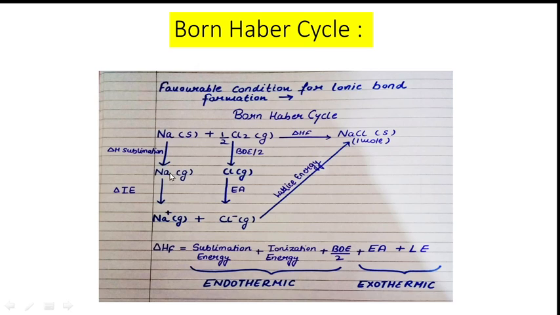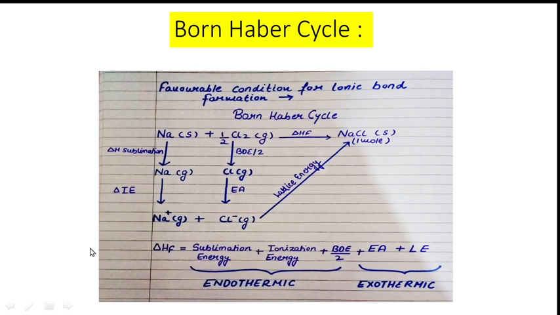Next, when you convert half mole of chlorine gas into gaseous chlorine atoms, you require half of the bond dissociation energy to dissociate the chlorine molecules. And when you change this chlorine gas atom into its corresponding chloride ion, you require electron affinity, which changes the chlorine atom into the chloride ion.